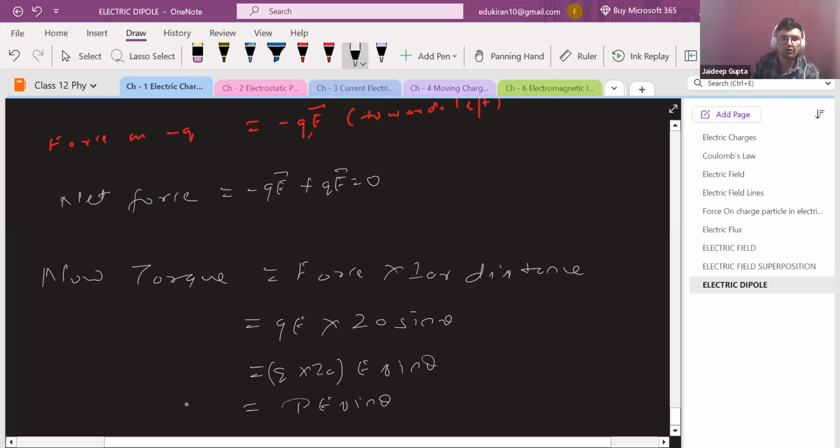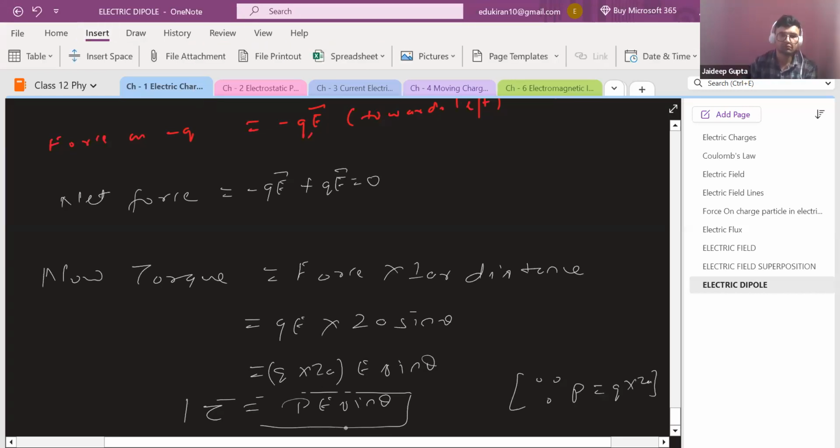This is the torque, because p equals q into 2a. Is it okay, Iram?